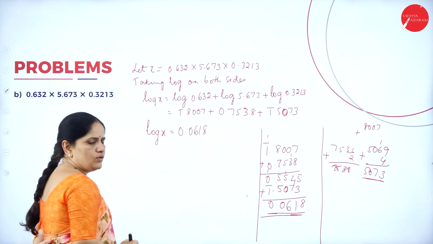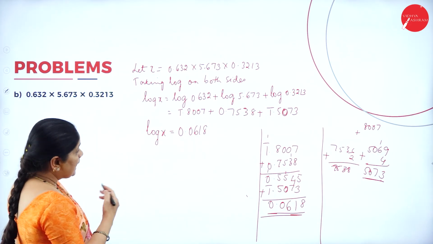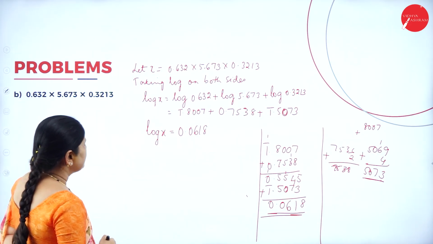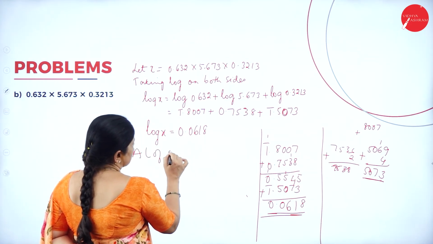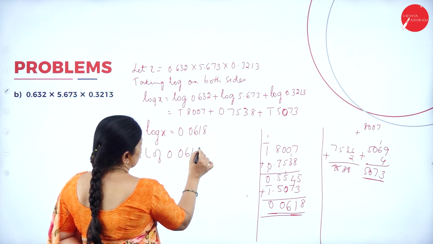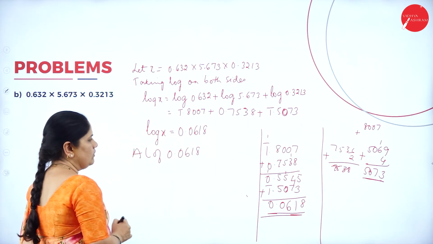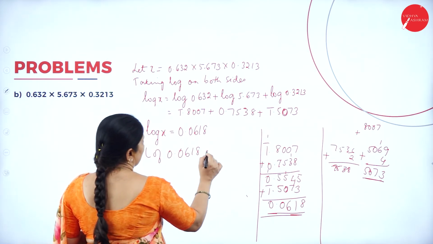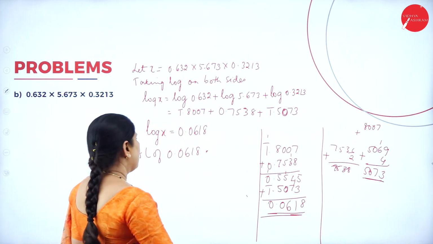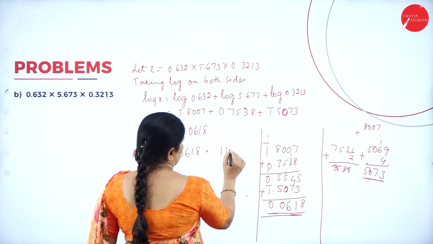0.0618. Now we have to find the anti-log value of this. Now anti-log of 0.0618. Now I have to see the value from 0.06. Now I have to see the value here.